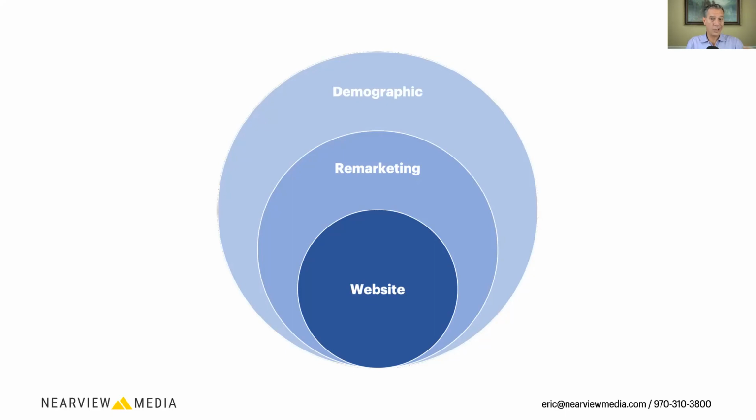We'll target the inventory on this website. We'll then remarket to the visitors of our website as they're visiting other select websites. But then we may say, you know what, let's also add a third layer onto this, which is the demographic targeting, where this is what anybody can buy, right? Anybody can buy this. But we may add that on to get a few extra impressions if we need to.